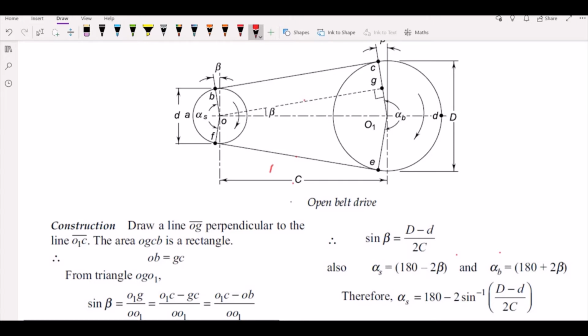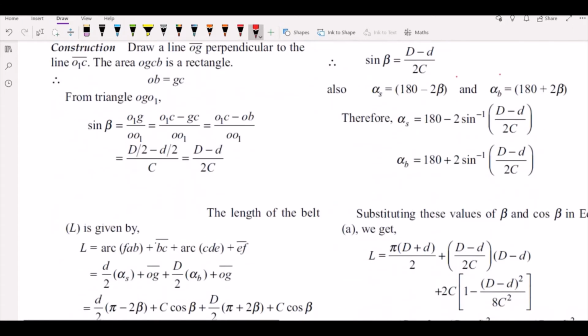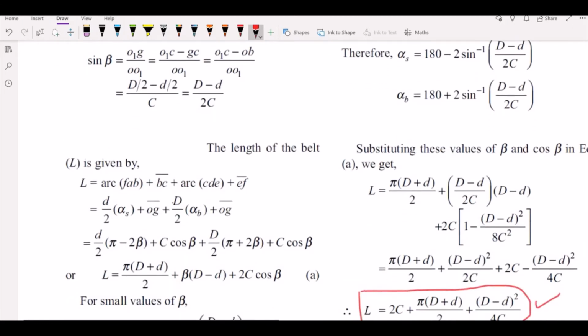So here I substitute C into cos beta for the length of this, and next what is this arc of CDE? It is nothing but this alpha B into the radius, that is D by 2, plus the same again, C cos beta. If I substitute over here, the length is D by 2 alpha S plus OG plus D by 2 alpha B. I can write alpha S as pi minus 2 beta, that is 180 minus 2 beta, plus all the substitution.